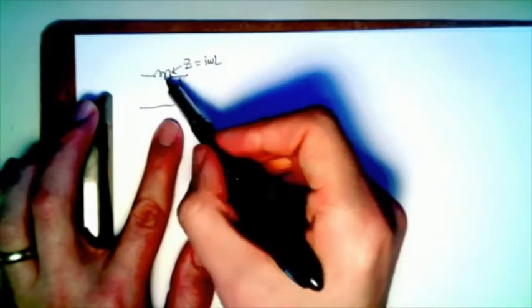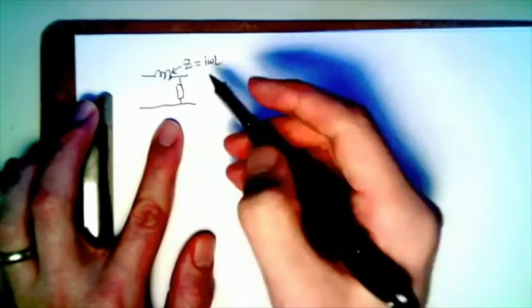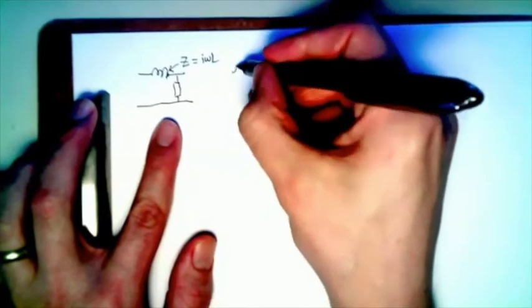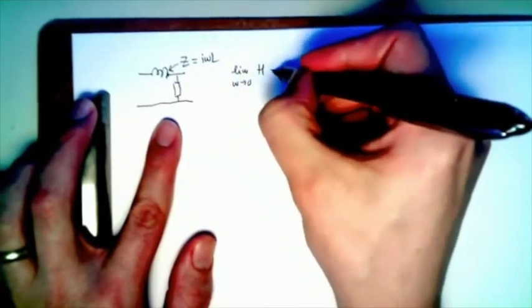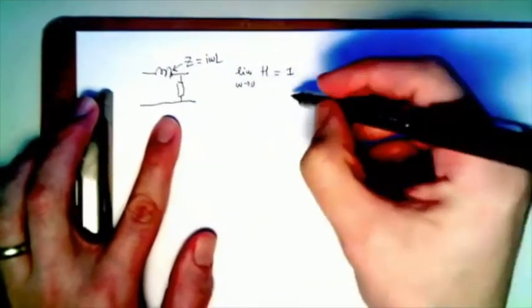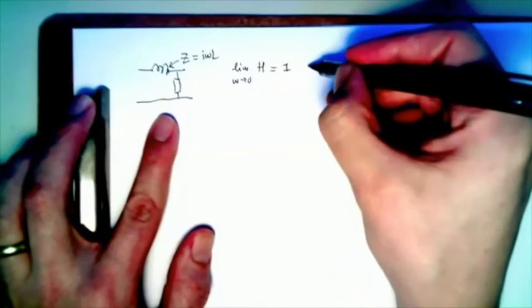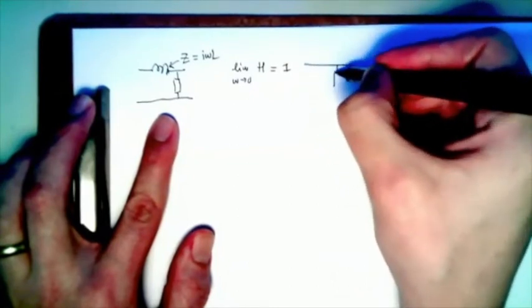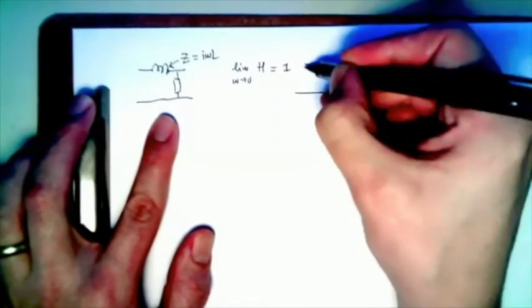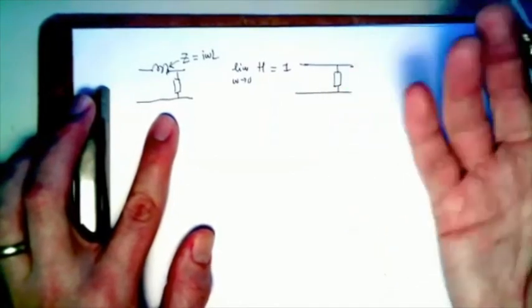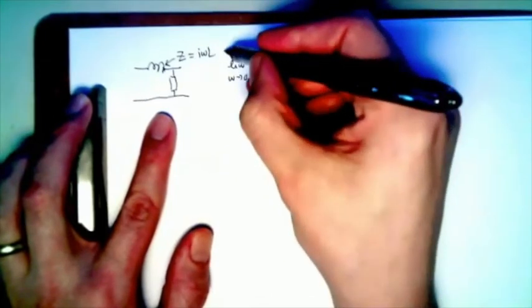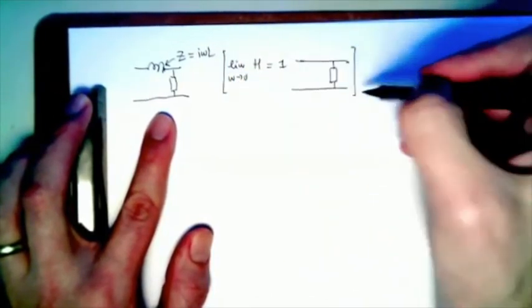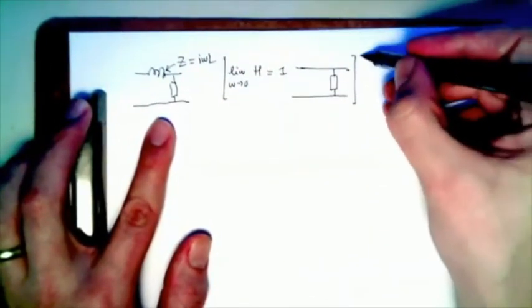So that means that all of the signal comes through here. So the limit of omega going to 0 of the transfer function is going to be 1, because it's just a wire. So if you draw it, it will be this filter. So it will be a low pass filter. So that's the low frequency picture of the network.